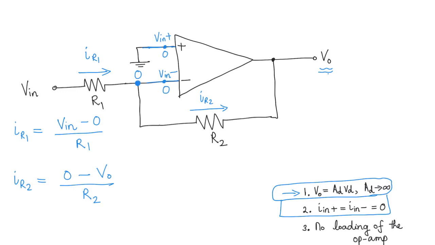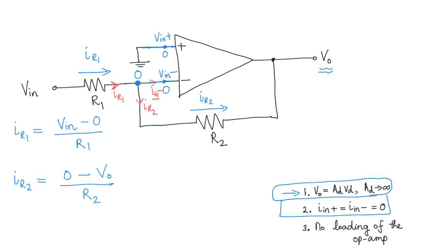Now we know that the current that flows here is divided into two parts, right? It's divided into this current and this current. Remember Kirchhoff's current law? Now this current of course is IR2 and this current is IR1. What is this current? This current we have already called I in minus.